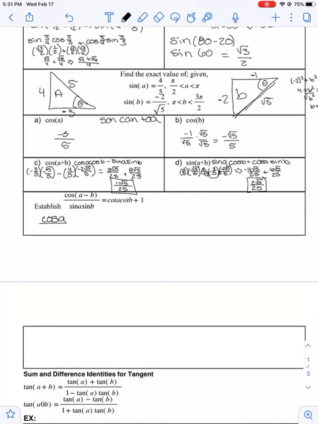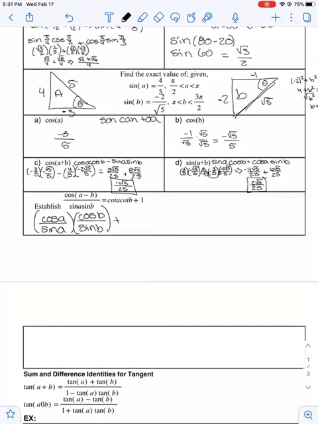So cotangent A would be the cosine of A over the sine of A, and then cotangent B would be the cosine of B over the sine of B. And then plus 1. Another way I can write 1 is anything over itself.